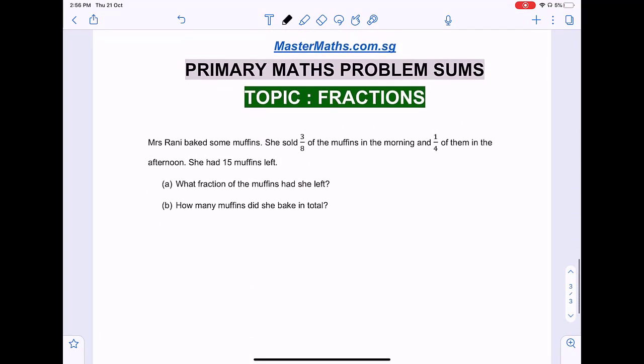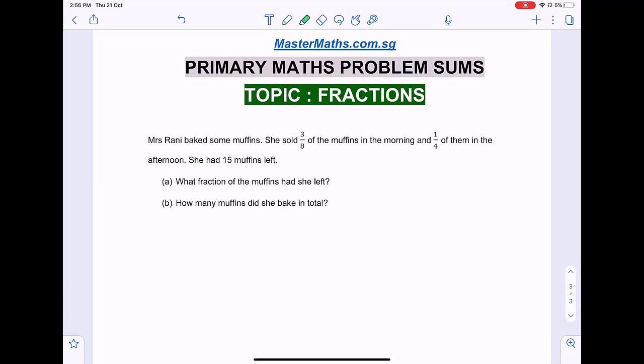And the third question is also on fractions. Mrs. Rani baked some muffins. She sold 3 over 8 of the muffins in the morning and 1/4 of them in the afternoon. She had 15 muffins left. What fraction of the muffins had she left? How many muffins did she bake in total?